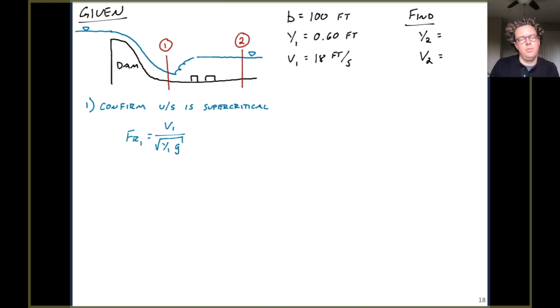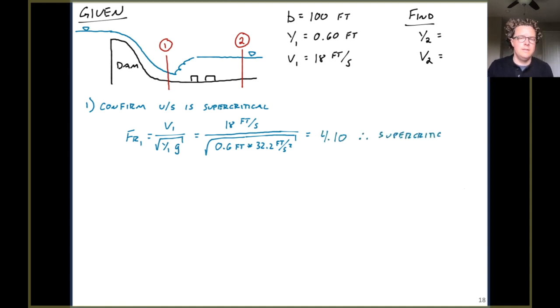So 18 feet per second in the numerator, the velocity, and in the denominator, the square root of 0.6 feet, the depth, y1, multiplied by gravitational constant. I get a Froude number of 4.10, so I am confirming this is supercritical flow coming off the dam, and we could proceed with the equations that we've been deriving in today's lecture.